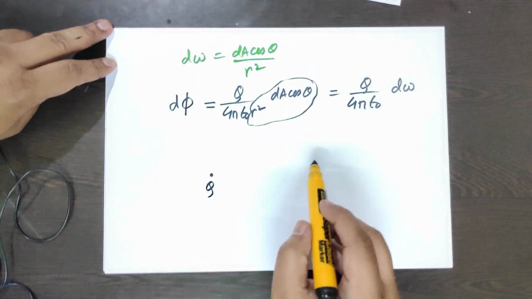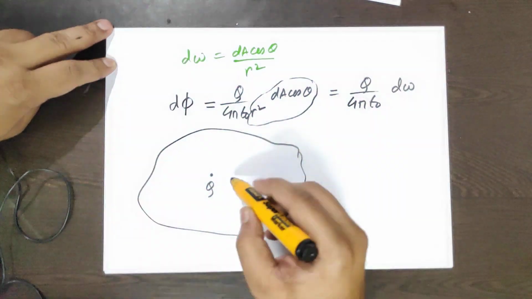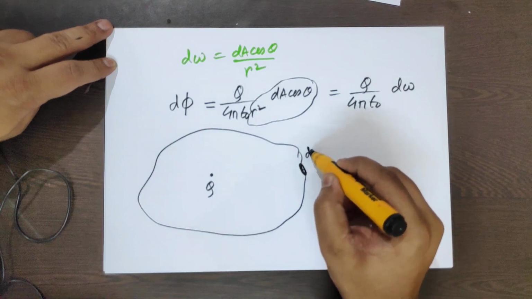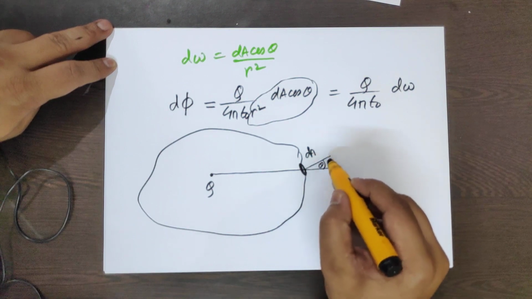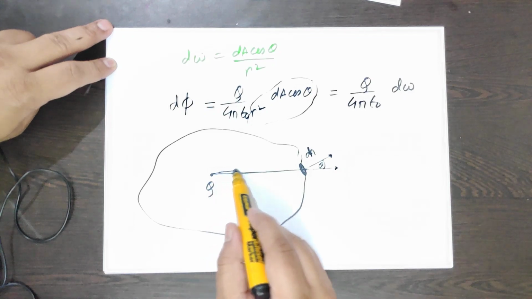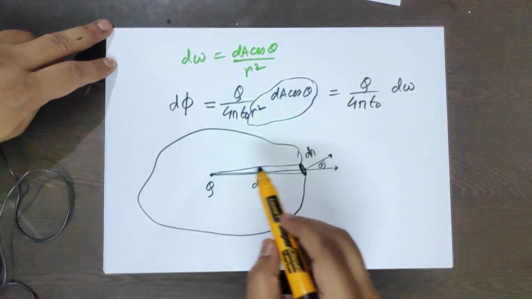So now I'll consider a closed surface. There it was, this was the dA, and this was the small solid angle d omega subtended by dA.